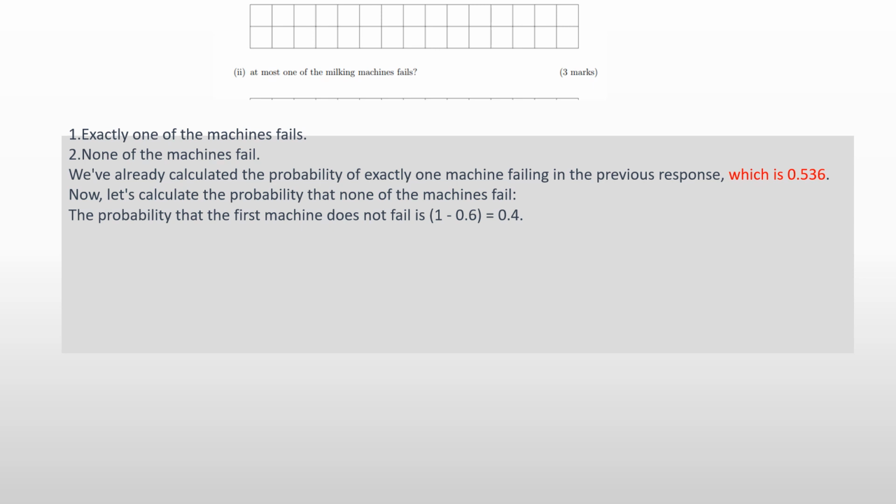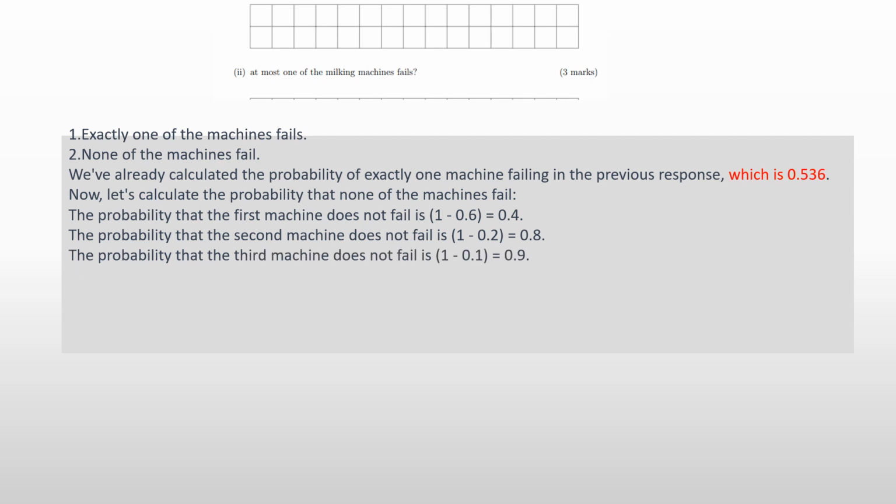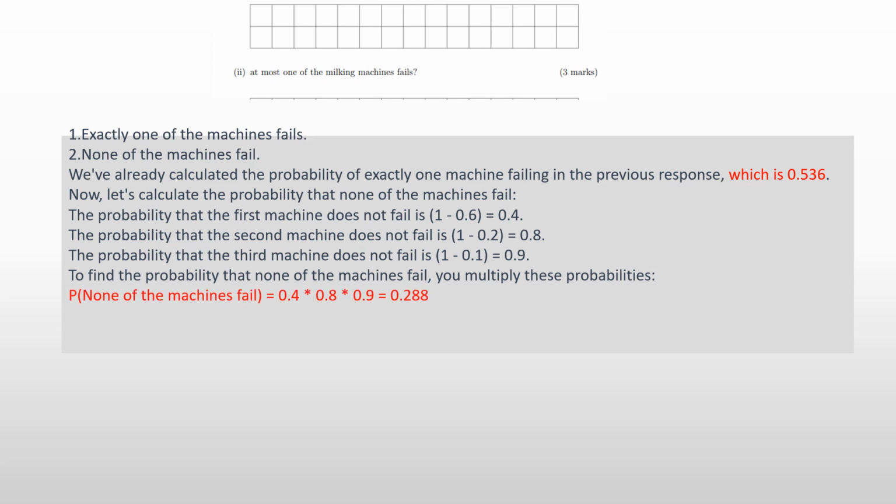So the probability that machine A does not fail will be 1 minus it fails. We already said the probability of failure is 0.6, so the probability of success is 0.4. I do the same for B, 0.8, the same for C, 0.9. Just multiply that, 0.4 times 0.8 times 0.9, the answer is 0.288. That's the chances that none of the machines fails.